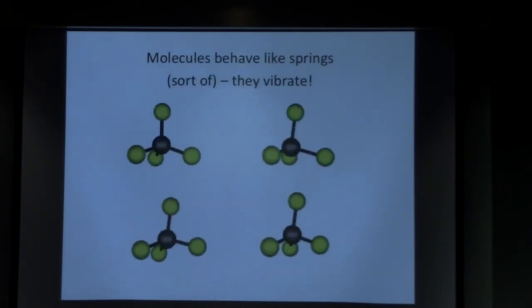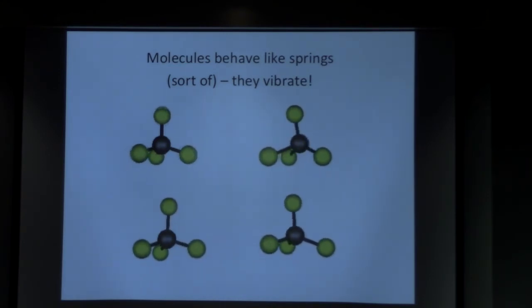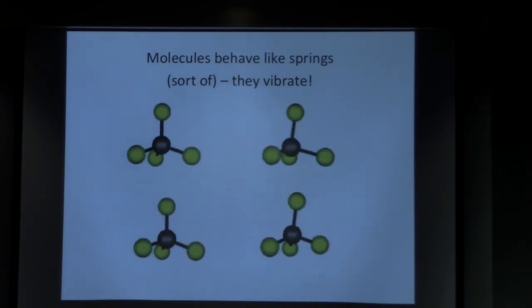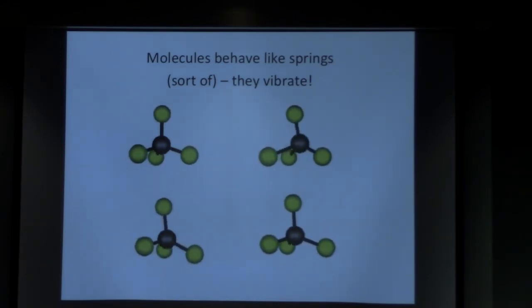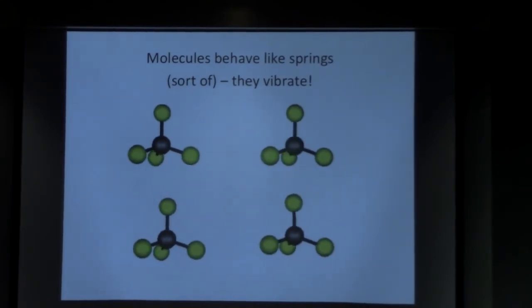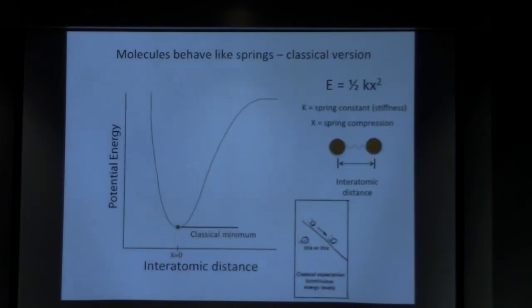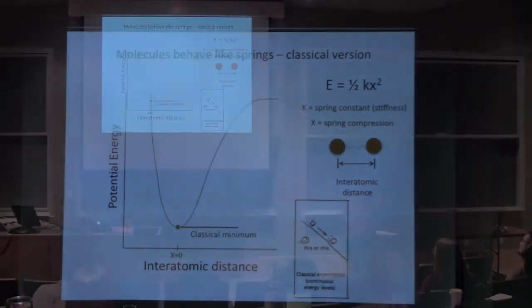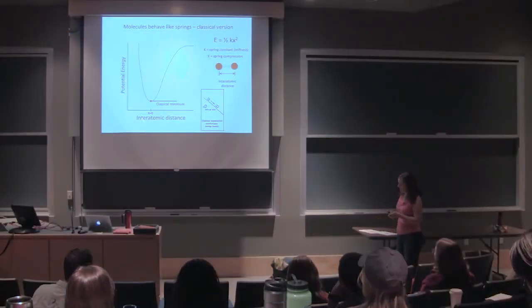And so we'll dig a little bit into this. A basic issue which you've probably already heard about, and repetition is always good, is that molecules behave like springs, sort of, and they all vibrate, right? And depending on which isotopes you might have plugged in, they may vibrate differently. So if we were going to look at this thinking about classical mechanics, a physical framework, you've seen these before.